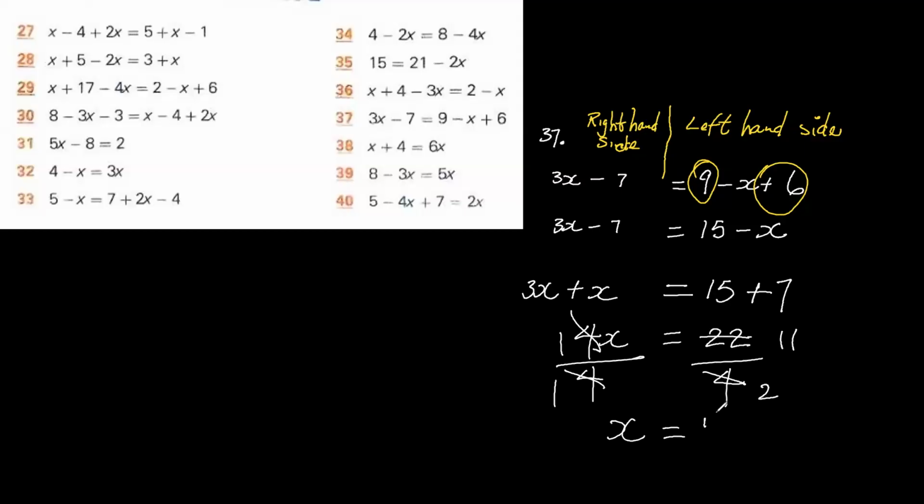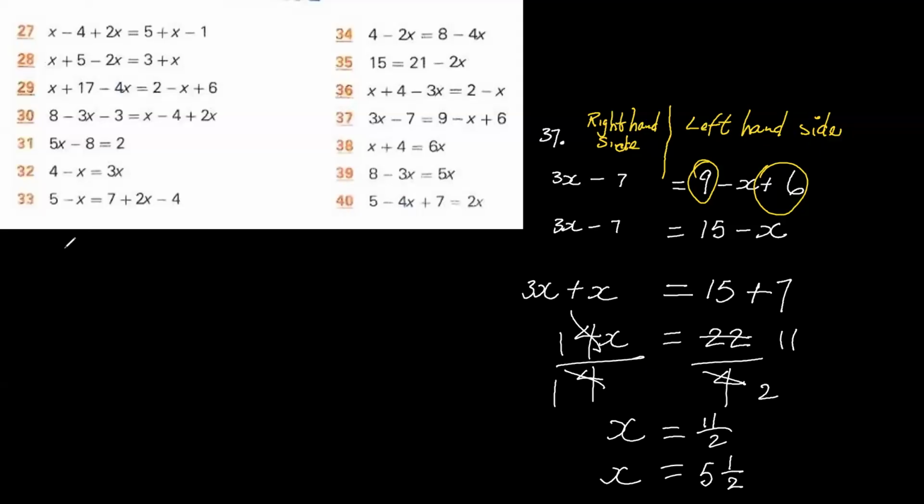So I'll have 11 over 2, or I could have 5.5. Everybody okay with that? Yes, sir. Jenny, say you okay with this? Yes. All right.